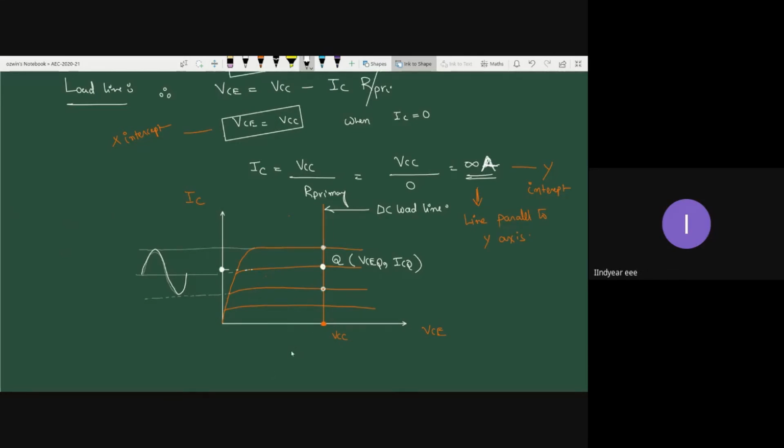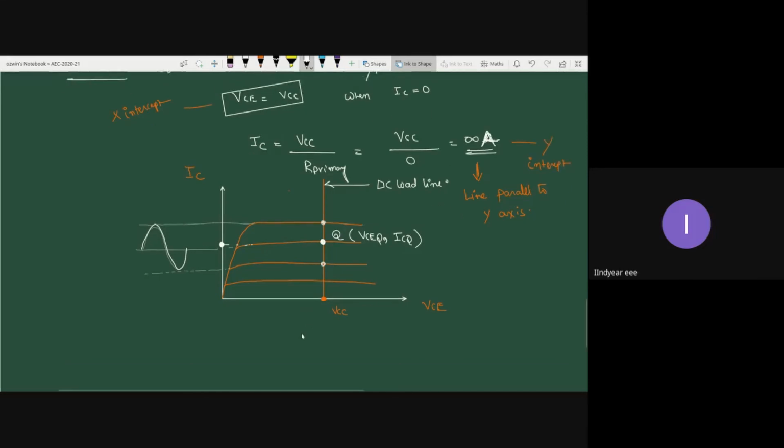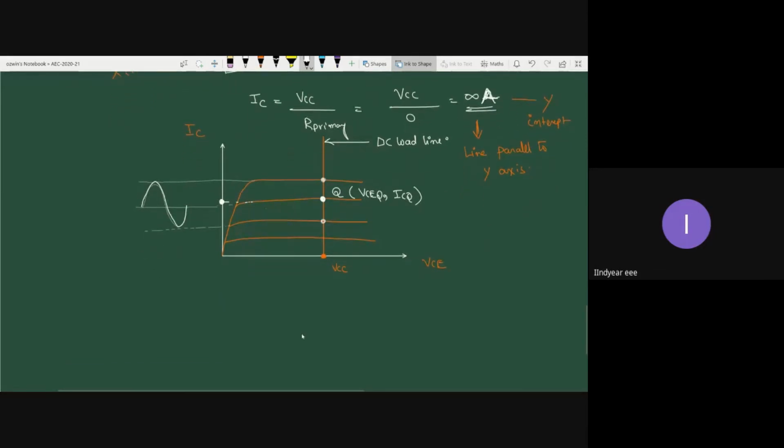Now, I want to draw the voltage. Now, the voltage is not that straightforward, provided you go for AC operation. So to draw the output voltage, I will consider AC operation.